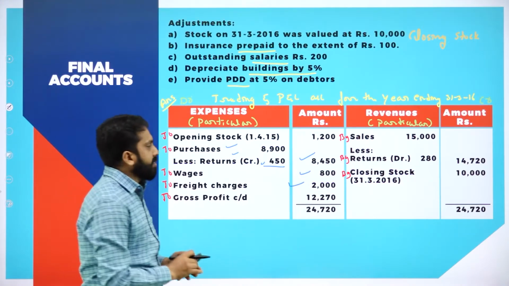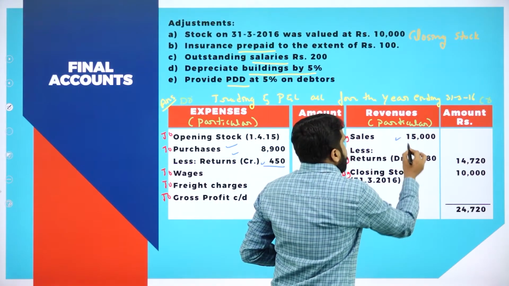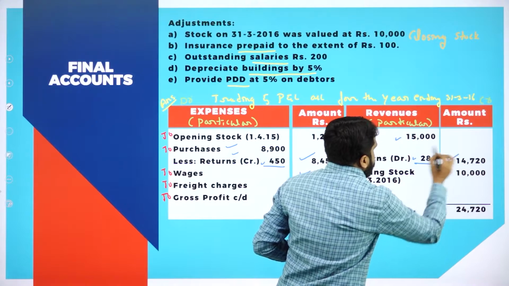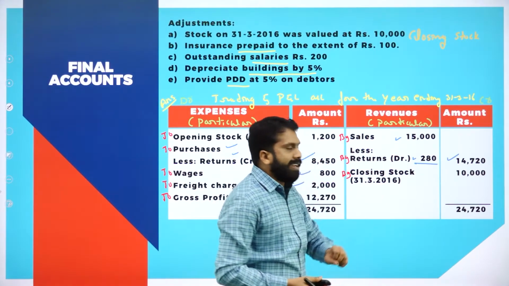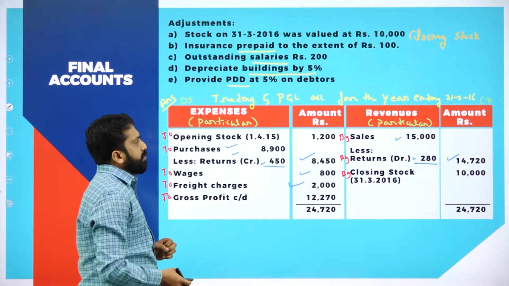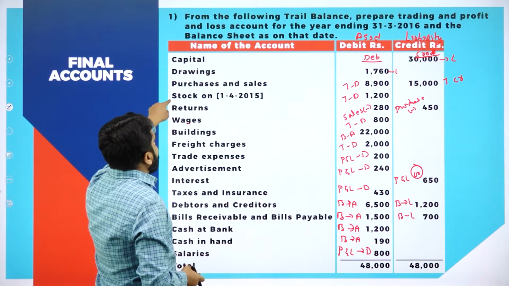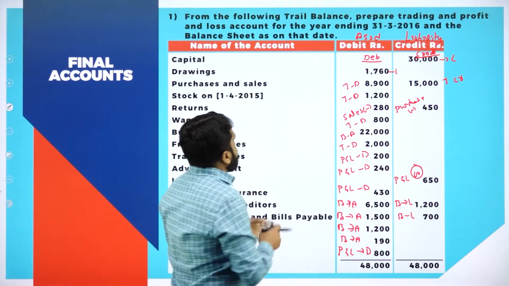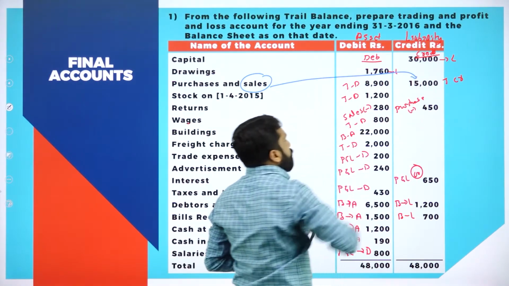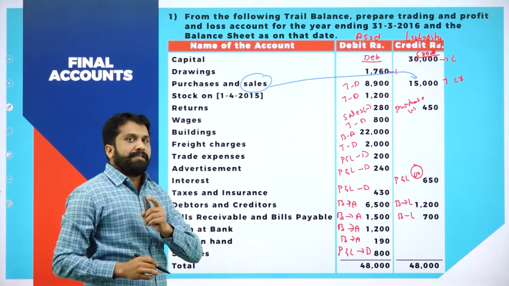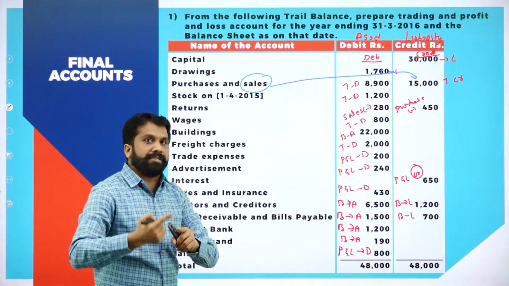Now come to credit side. Sales minus return. This will be 14,720. How come you got 14,720? I'll explain you. What is your sales? The sales is 15,000. Sales return.